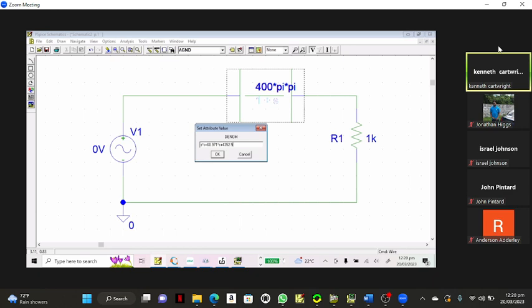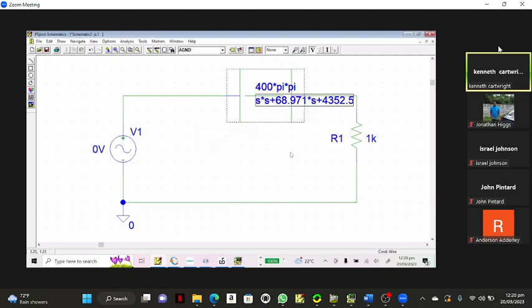Check that. Okay. So there's the transfer function we're trying to simulate without actually building the circuit. And PSpice allows you to do that. That's a powerful part there.